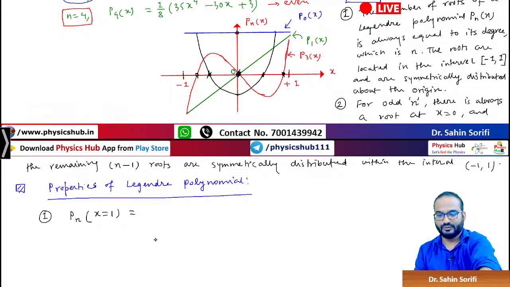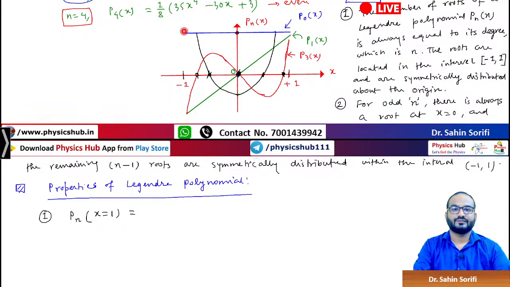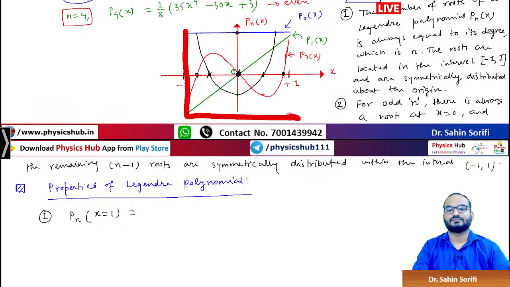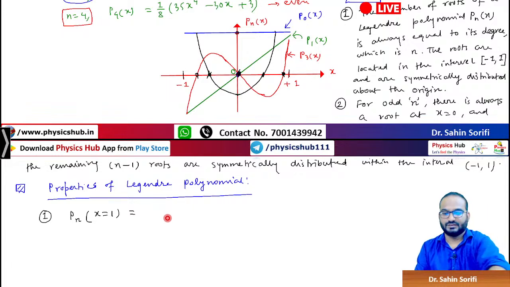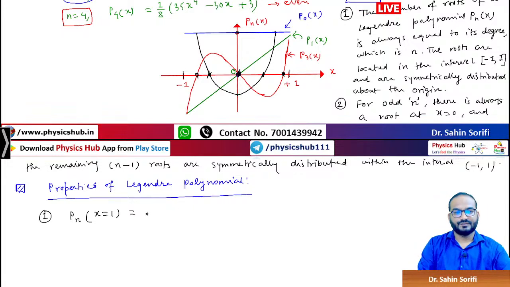This is actually a box like structure. Of course, Murli. So Pn at x equals to 1 will be 1.